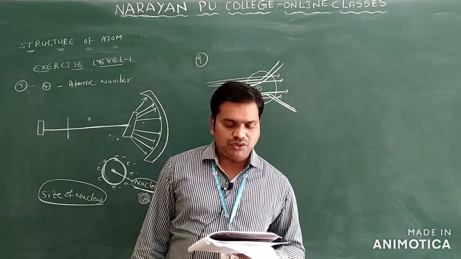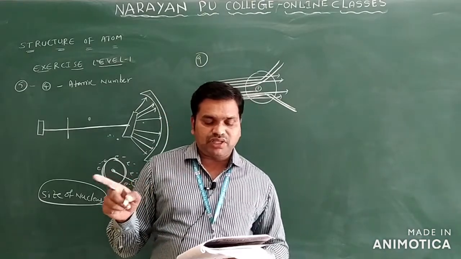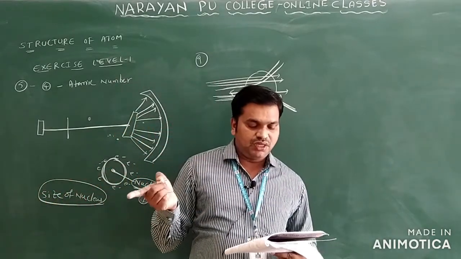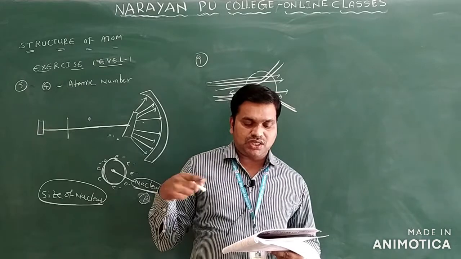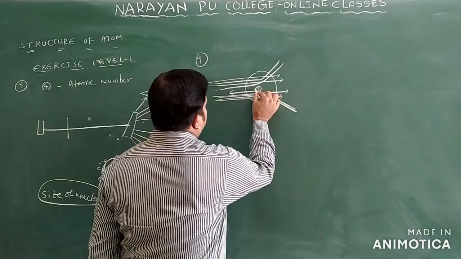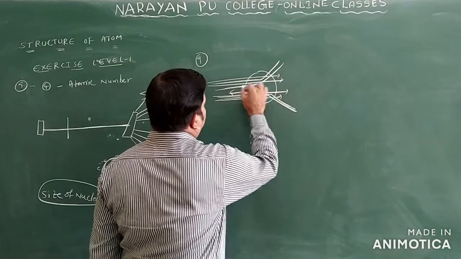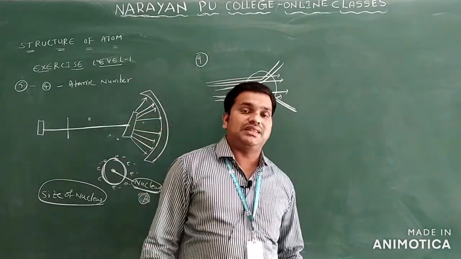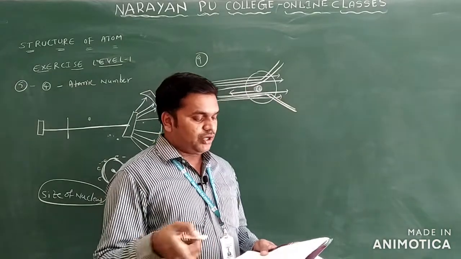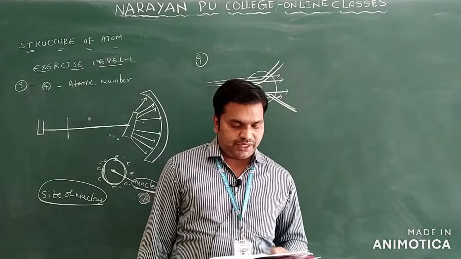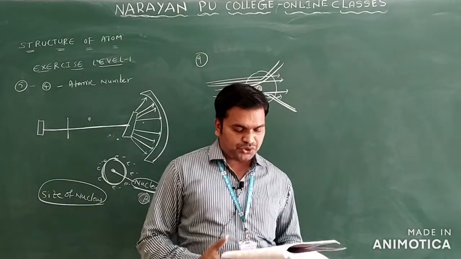So when atoms are bombarded with alpha particles, only a few in millions suffer deflection, and the others pass undeflected. This is because of the nucleus only. The volume of the nucleus is very small when compared to the total volume of the atom. Because of this only. Few in millions suffer deflection only. So you will take answer 4 for this question.